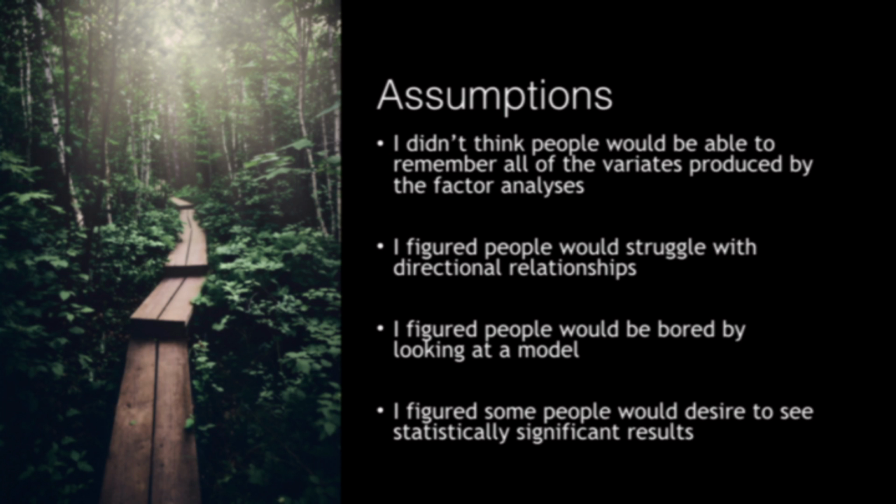I figured some people would desire to see statistically significant results, hence the p-values and the stars next to the numbers. When we begin to have these anticipations for our audience, we begin to have a greater sense of what they may want and how they may walk away from our presentation.